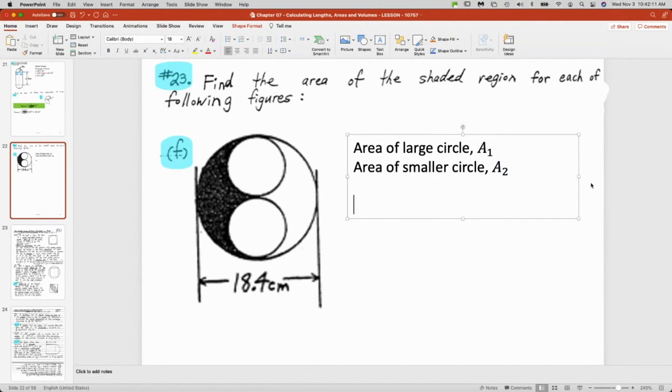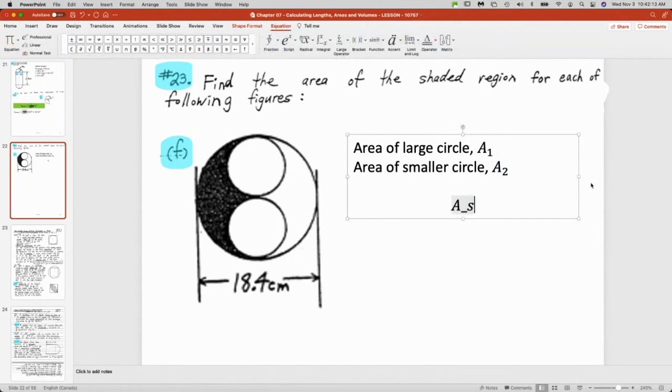Then the shaded area is equal to the area of the larger circle minus 2 smaller circles, and then divide your answer by 2.